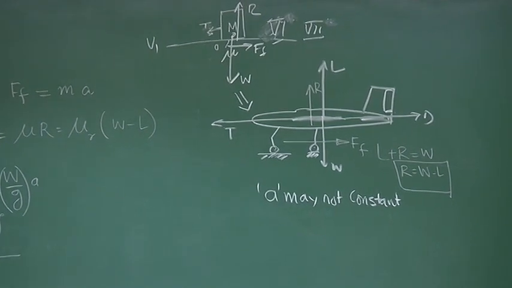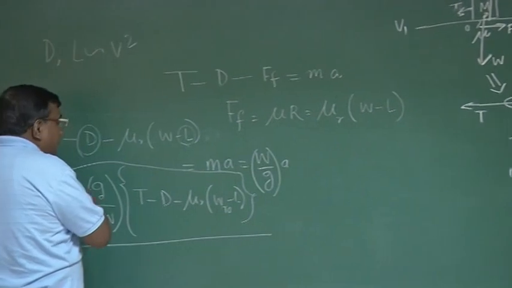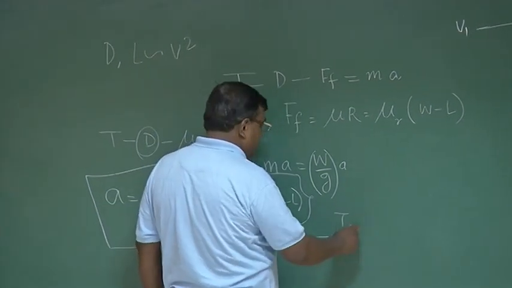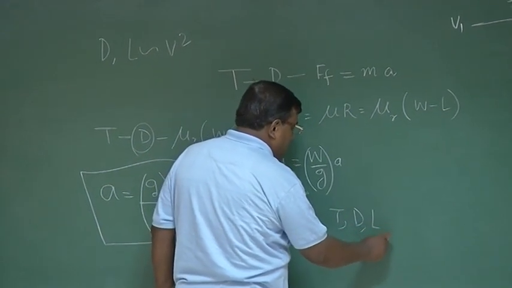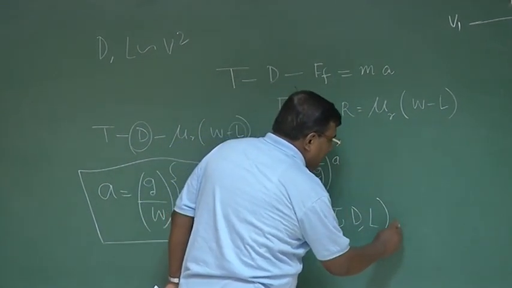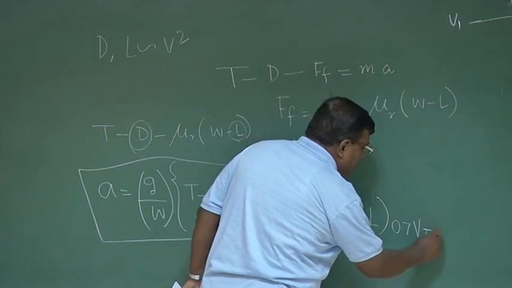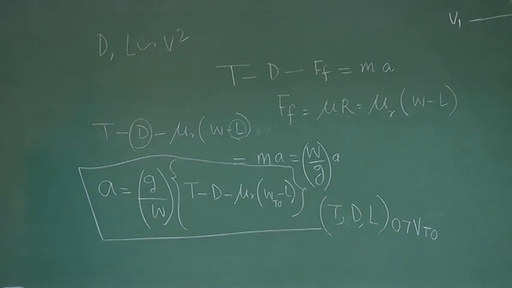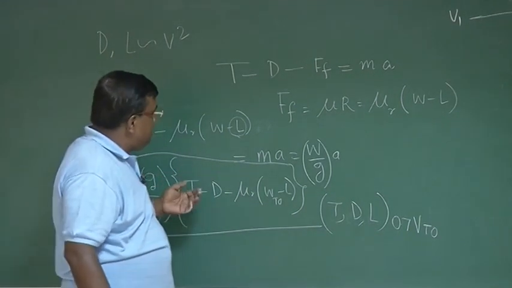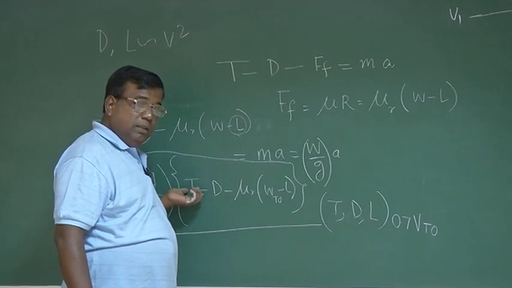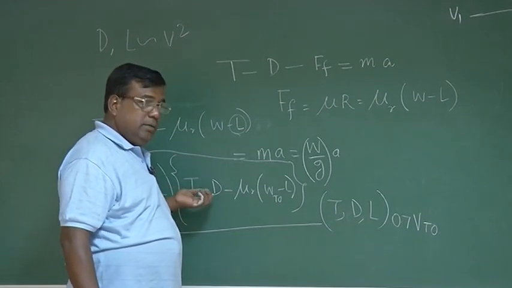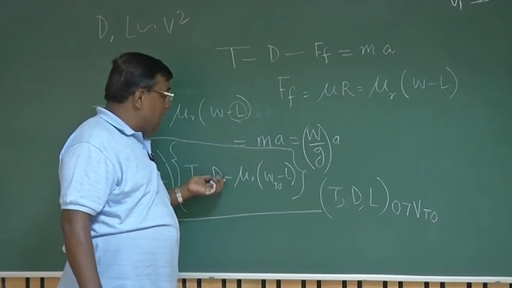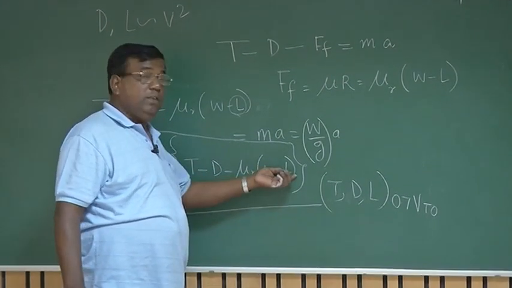Okay? What is found is, if I compute this thrust which changes with speed, drag, lift, all this term, if I compute at 0.7 times V takeoff, is it clear? If I compute this term, thrust, which changes with speed, may not be very appreciable, but it does change. Drag, you know, yes, V square, lift V square.